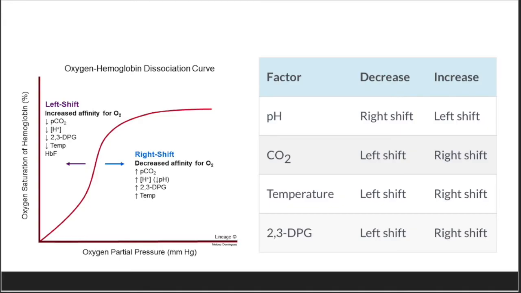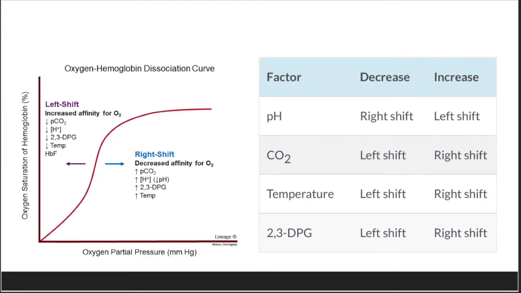Now, we'll go right here, and this is probably the thing that you've been waiting for. You're probably wondering, well, if I know about the oxyhemoglobin dissociation curve, what is going on with my patient? How do I determine what I am looking for, and why? Well, I think this slide will probably answer your questions.